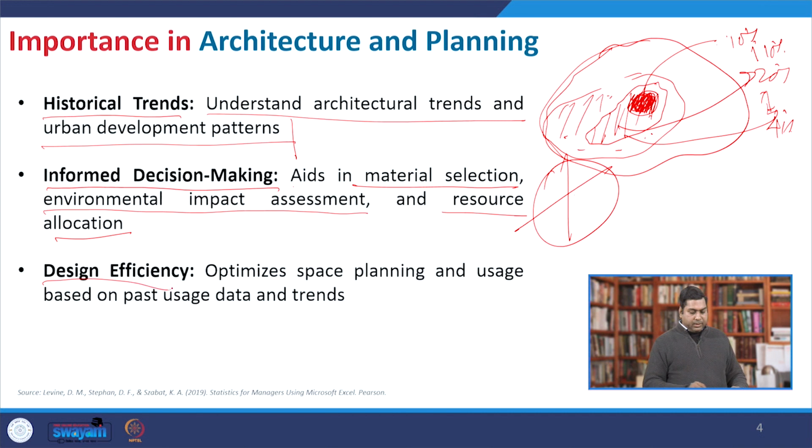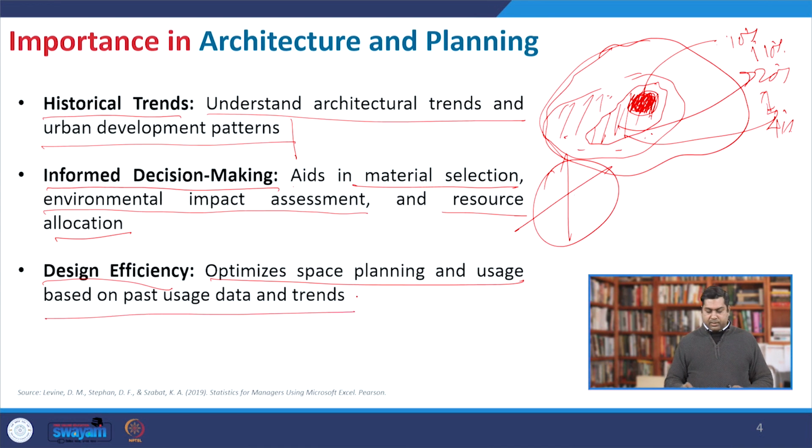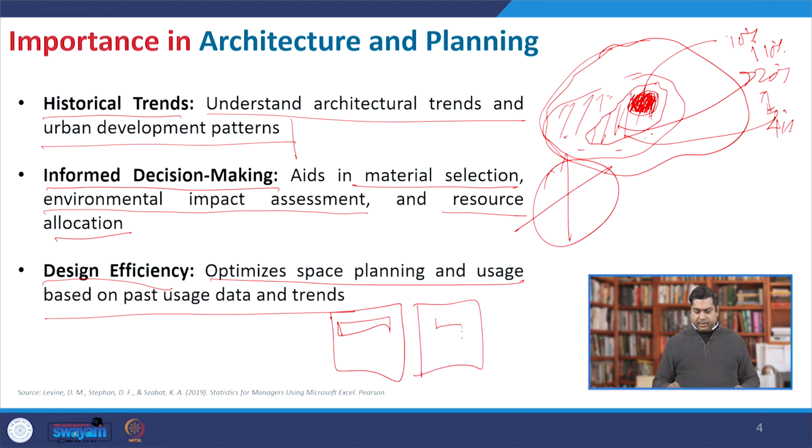Design efficiency: definitely through this you can also optimize space planning and usage based on past usage data and trends. If you have that kind of information, you can understand, okay, for such a location you have seating arranged like this, and in another option somewhere you have seating like this.